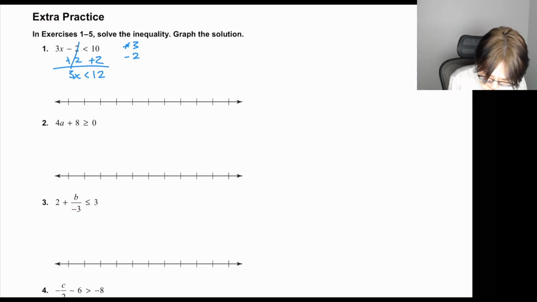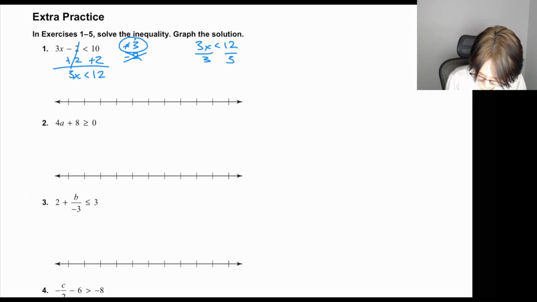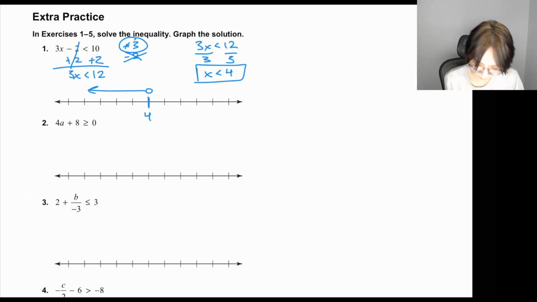It's less than 10 plus 2, 12. That's taken care of. Now we take care of the times 3, so divide both sides by 3. x is less than 4. To graph that, I'm going to choose 4, open circle because it can't be equal to 4, and it's everything less than 4.